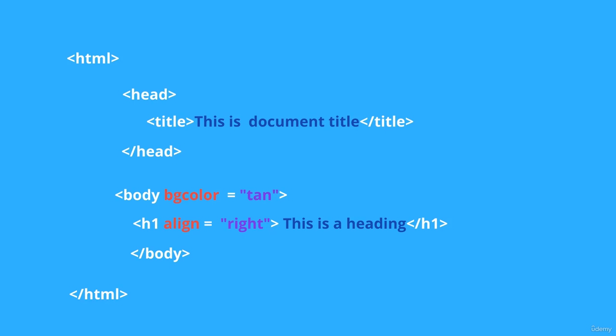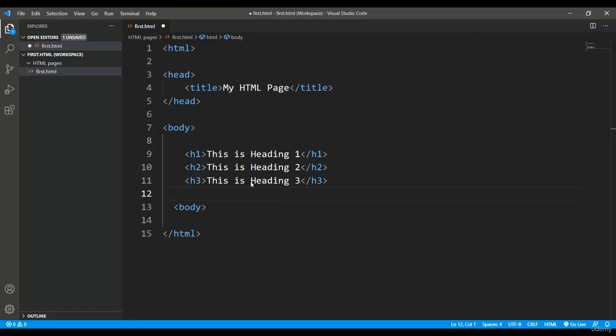So let's see how to use the different attributes for the different tags in this practical example. Now if I want to use some of the attributes with our existing HTML elements, as we have already learned about the h1 tag, I'll start putting some attributes. Most of the attributes nowadays, as I said, will be coming through CSS, but here we'll not cover CSS, but we'll try to put the attributes by basic HTML itself.